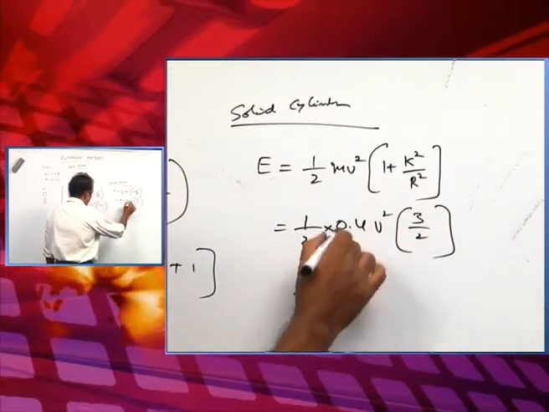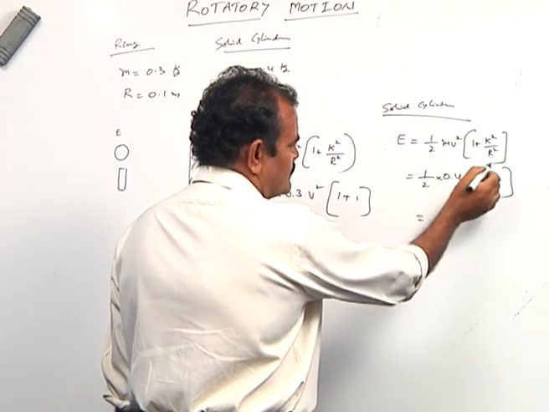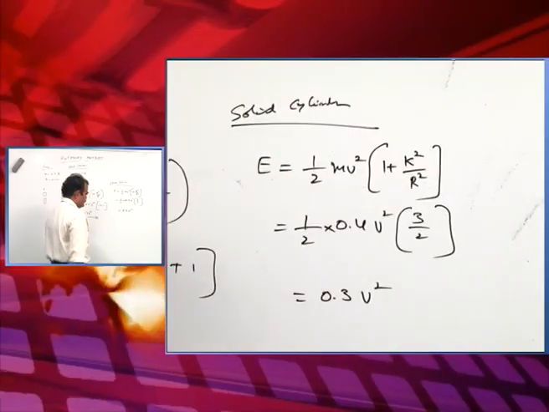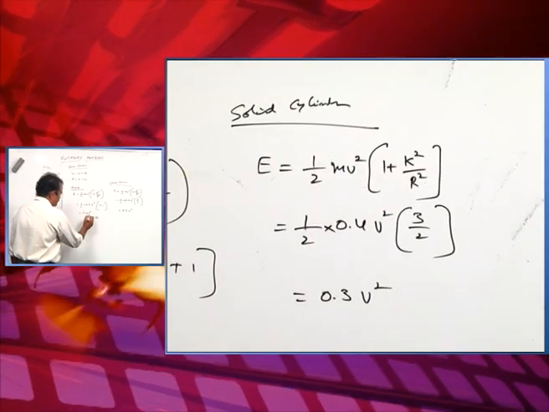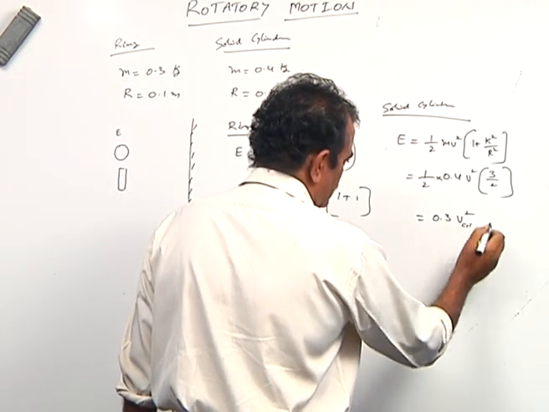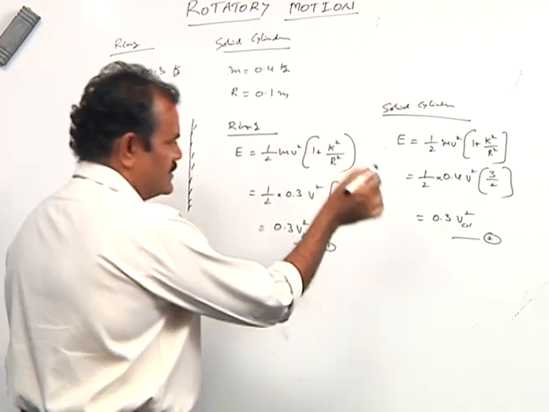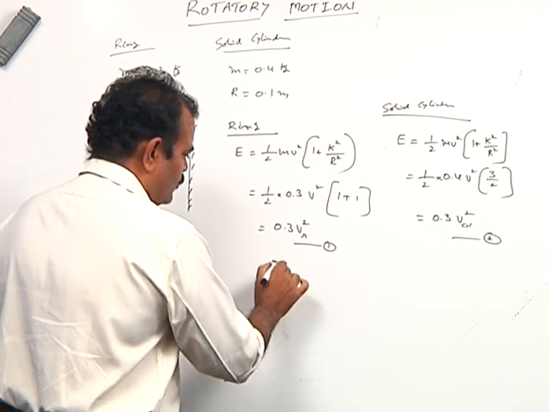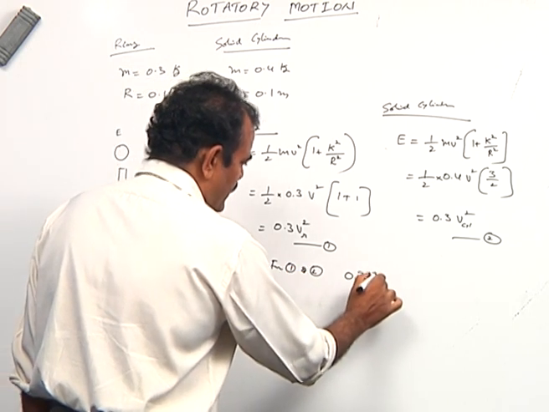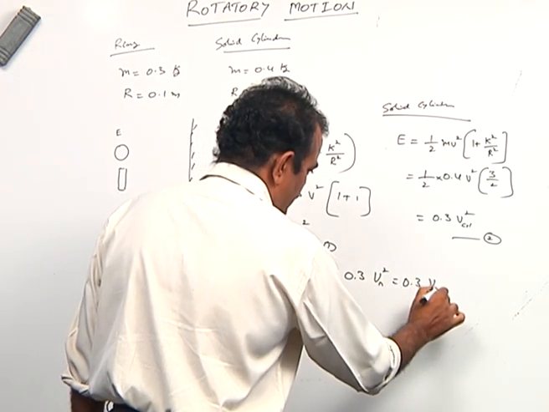Now E is equal to 0.1 multiplied by 3, which is 0.3 v square. The first equation is for the ring, and this second equation is for the solid cylinder. Already you know the LHS are the same, so from 1 and 2 we can equate the RHS. So 0.3 v ring square equals 0.3 v cylinder square.